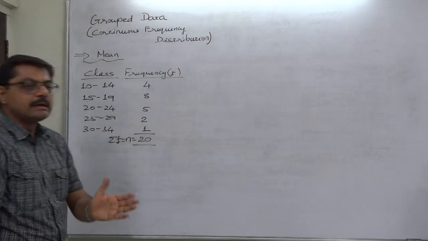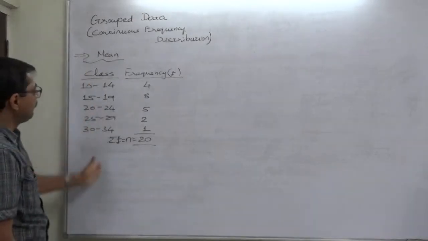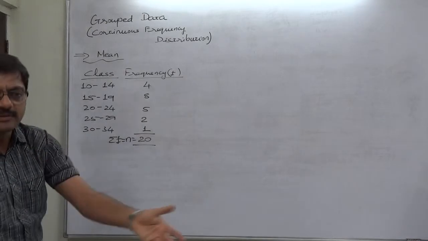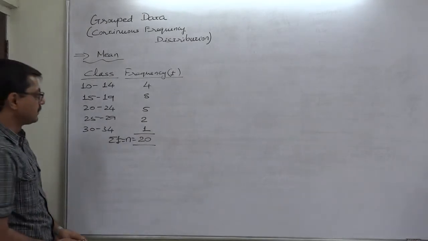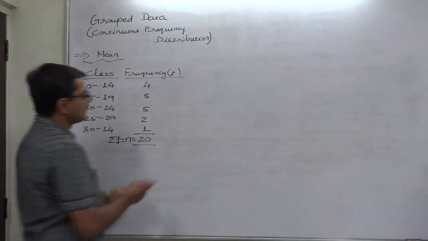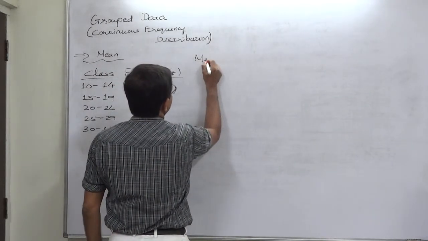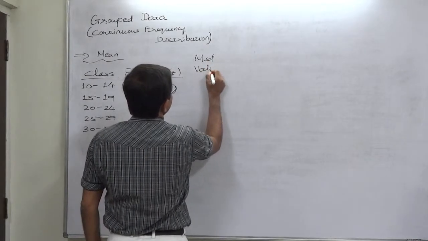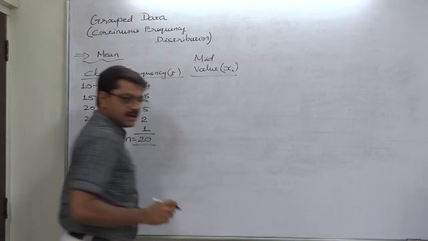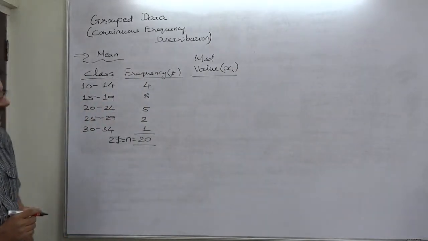We will use mean of each and every class interval to calculate the mean of the entire group data or distribution. Now, the mean of each and every class interval is popularly known as mid value. We will consider it as our random variable x.